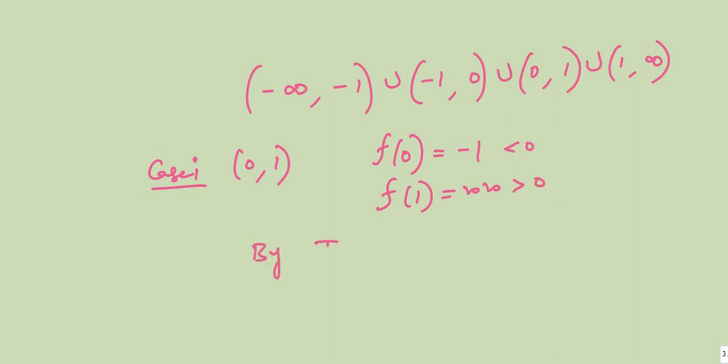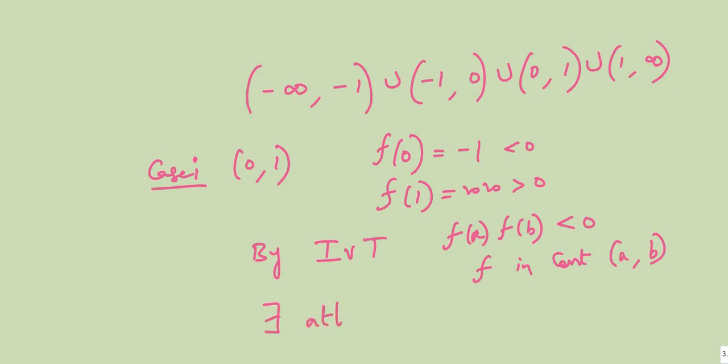By the intermediate value theorem, IVT is a very powerful theorem in calculus: when f(a) times f(b) is negative and the function is continuous in the interval a to b, then there exists at least one c belonging to the interval a to b such that f(c) = 0, that is, c is a root of the equation. Since our f(x) is a polynomial, and every polynomial is a continuous function, we can apply IVT.